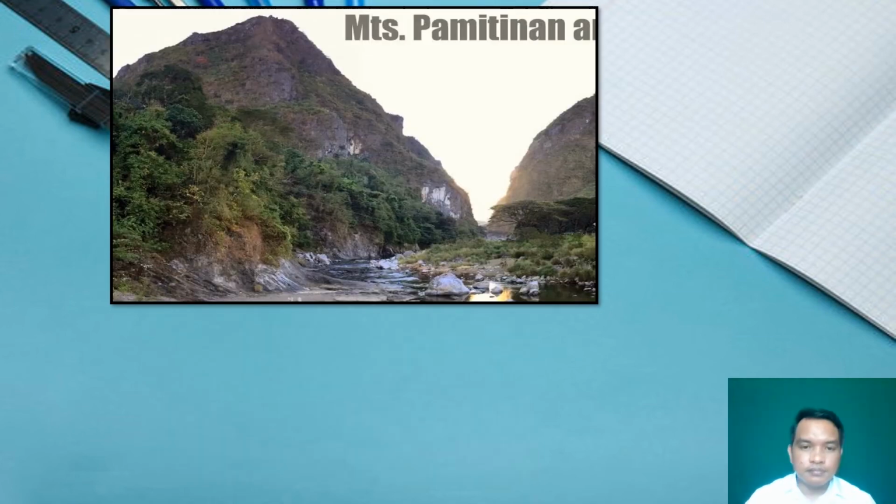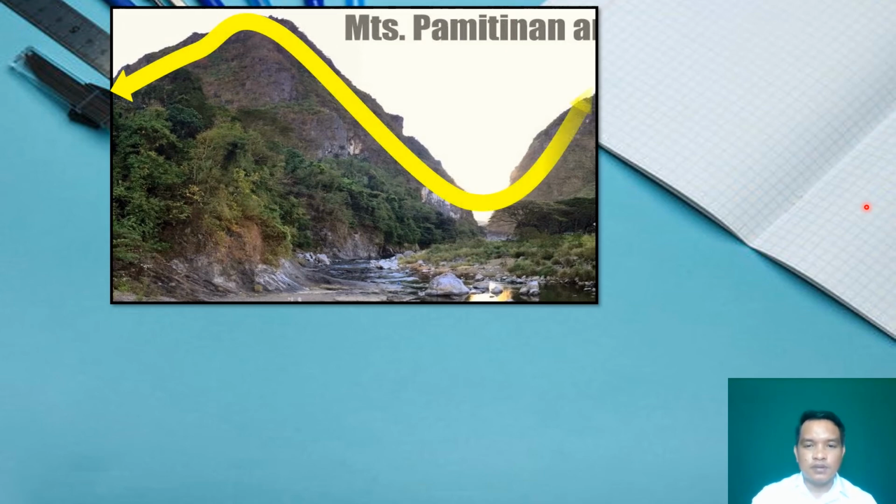Ito naman. So, anong nakikita niyo sa larawan? Ang Mount Pamintinan at ang Mount Binakayan. So, sa gitna niyan, nandyan yung Wawa Dam. Hindi lang nakuha sa picture, no? Pero meron ba kayong nakikitang graph ng polynomial function sa ating larawan? Yes, syempre, meron.